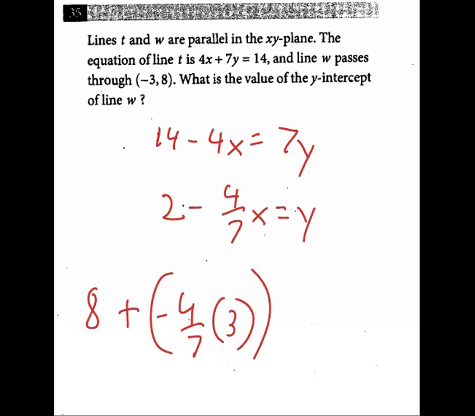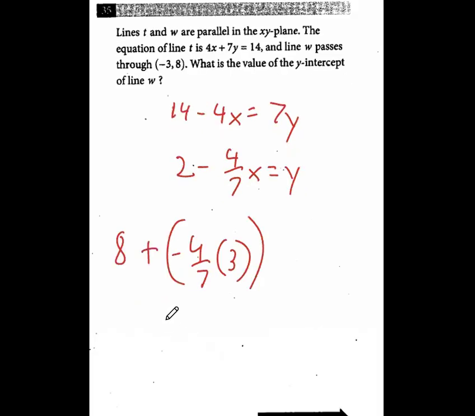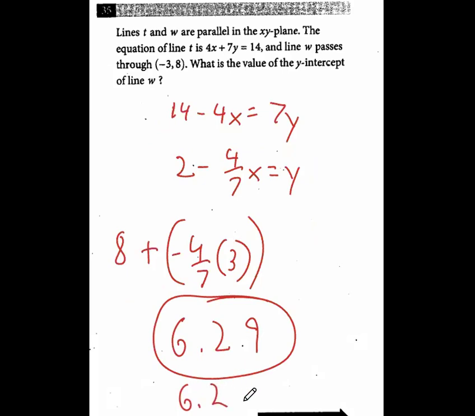So 8 plus negative 4 over 7 times 3 is approximately 6.29. You could have also given a fractional answer if you wanted. Alternatively, you can also give the answer 6.28. This was also accepted.